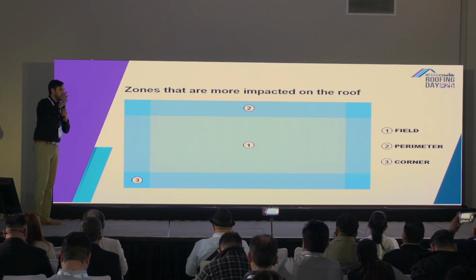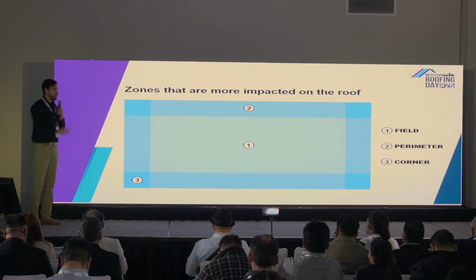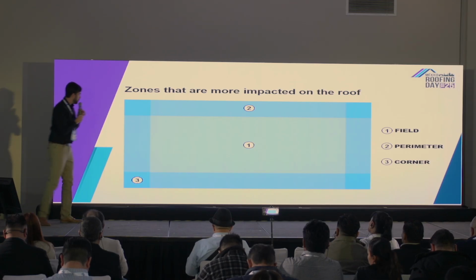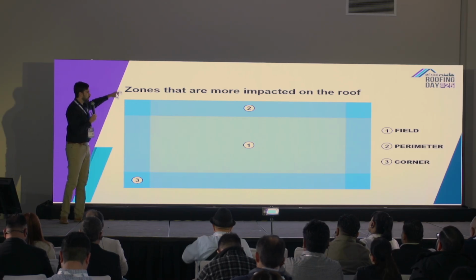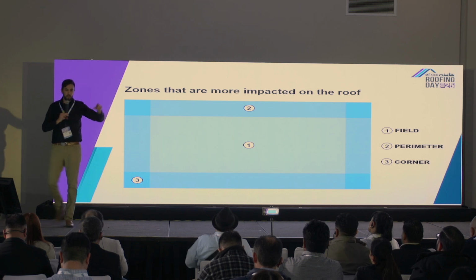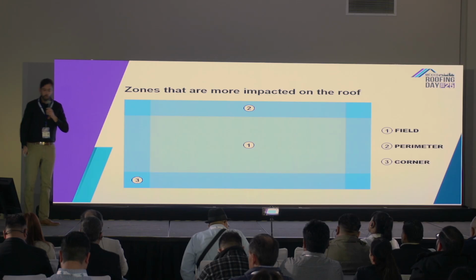It can go diagonally or at an angle. So the effect of the wind will compound in the corners. If you imagine the wind is blowing toward the corner, you're going to see the effect of the decrease of wind speed on the corner. So that's why you need to have a stronger system in corners.